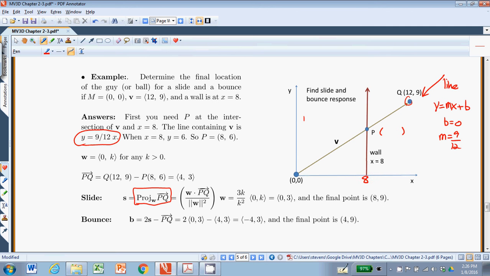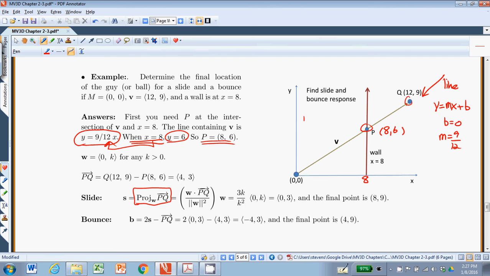And I'm worried about this point here. That's just on the line when x equals 8. So when x equals 8, I stick that into here. And I get y equals 9/12 times 8, which is just 6. So that point, not the bounce point, but the collision point, is 8, 6. Right?